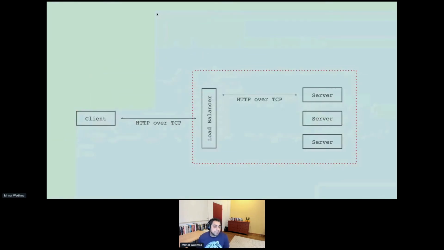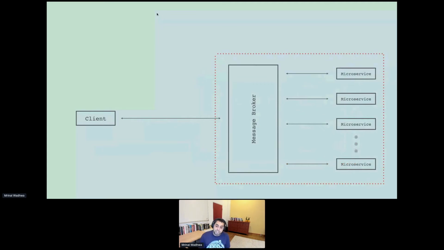To take a simple example, what we might do is draw a trust boundary around our load balancer and our web servers and say, okay, within this trust boundary, we can assume that data traveling over the wire is safe. So we draw a trust boundary like that using firewalls and network boundary type of settings. If you have a message broker, we might draw a broader boundary and have all our microservices inside this private network.